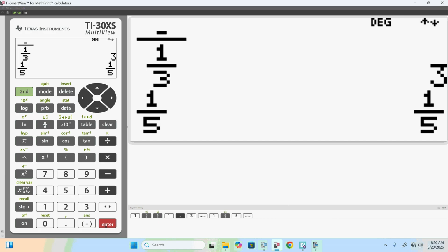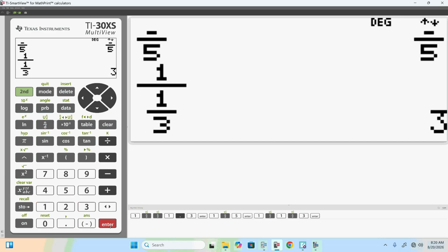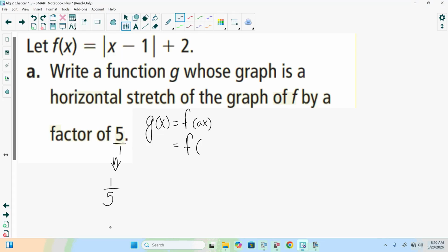One over a is just 1 over whatever value they gave you. So the last one was 1/3. So if I do it here, 1 over 1/3, 3. Does that make sense? So we can flip it or put 1 over the amount given. Whichever one makes more sense to you. Okay? So the actual value of a is, this is the last time we will be applying horizontal translation or horizontal stretch and shrink.